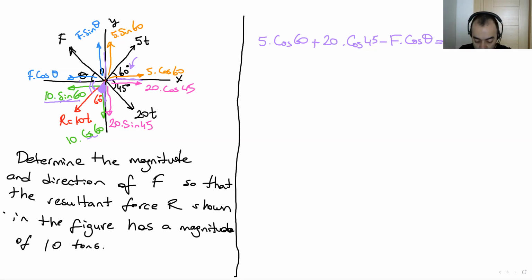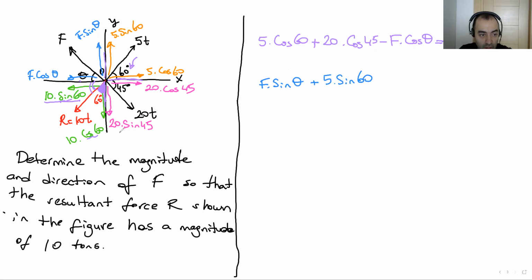So this is the first equation, and let's do the second one. Let's write the y direction. We have in the y direction F sine theta, plus in the positive direction 5 sine 60.